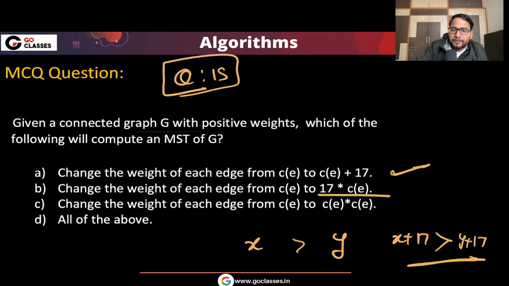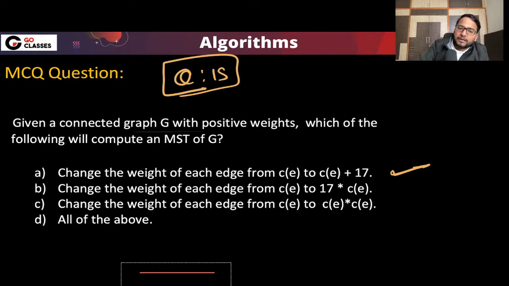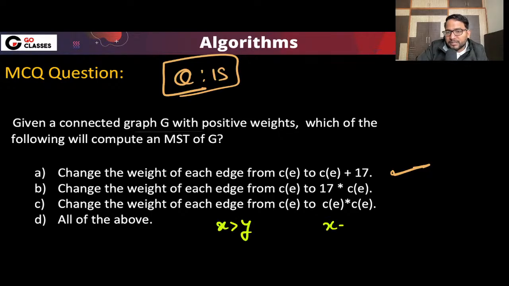What about multiply? Yes, right. Earlier, if x is greater than y, then after multiplication 17x is also greater than 17y. See, in case of MST, the relative ordering across the edges should be the same.